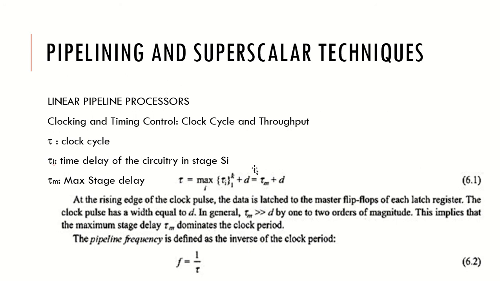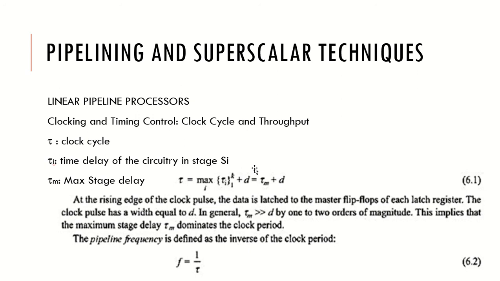In the case of asynchronous, it is the delay that occurs while you are transferring data from an individual stage to its adjacent stage. At the rising edge of the clock pulse, in the case of the synchronous model, the data is latched to the master flip-flops of each latch register. Then the clock pulse is taken to have a width equal to D.